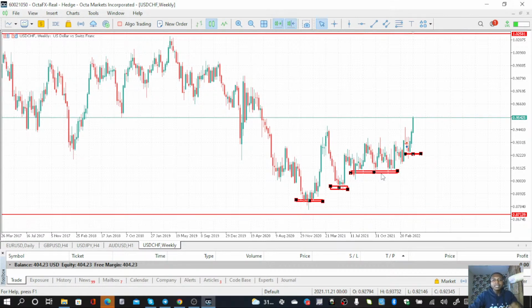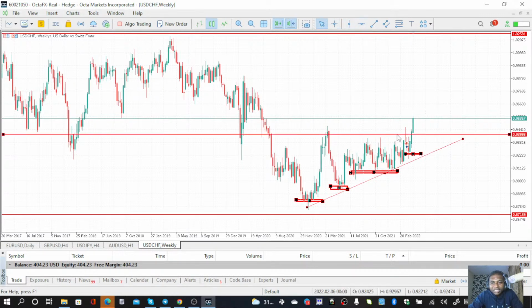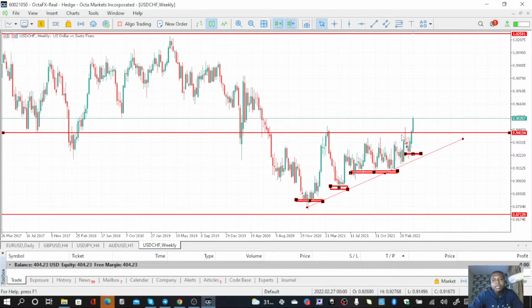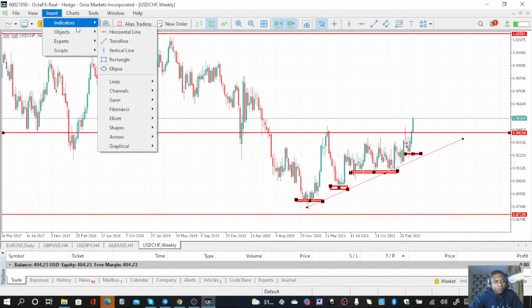So it's more like this market is now moving this way. Do you get that? If you look closely, you would see that this level here is a key resistance level.